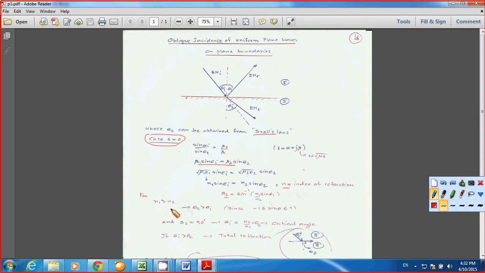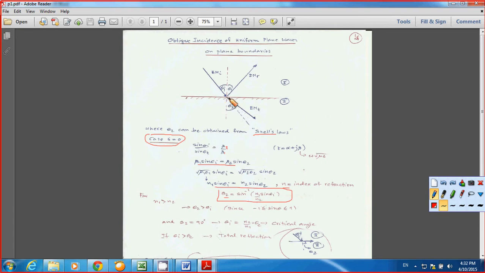If you consider this equation, you know that sin theta is in the range of -1 to 1. It cannot be greater than 1 or lower than -1. So in the case where n1 is greater than n2, you end up with theta 2 greater than theta I, so the angle gets bigger and bigger.